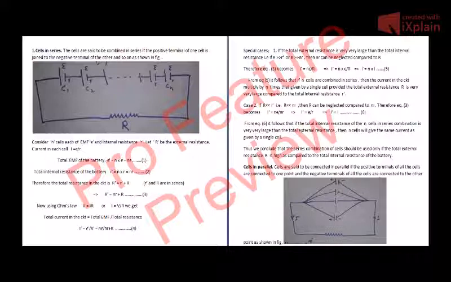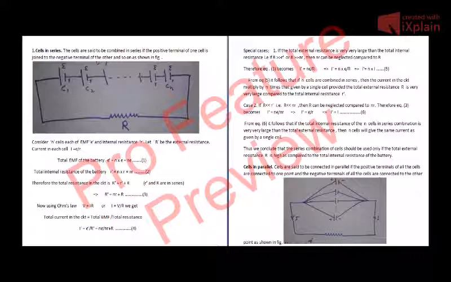Now, cells in series. As we have discussed already resistances in series and resistances in parallel, similarly, cells in series. The cells are said to be combined in series if the positive terminal of one cell is joined to the negative terminal of the other, and so on, as shown in the figure.